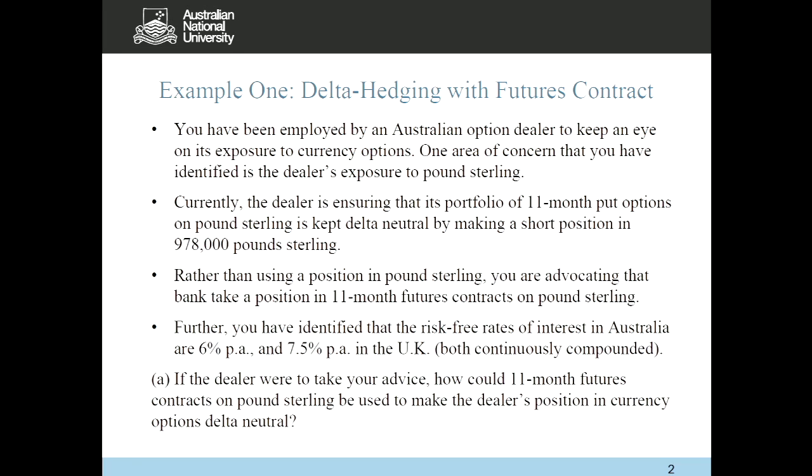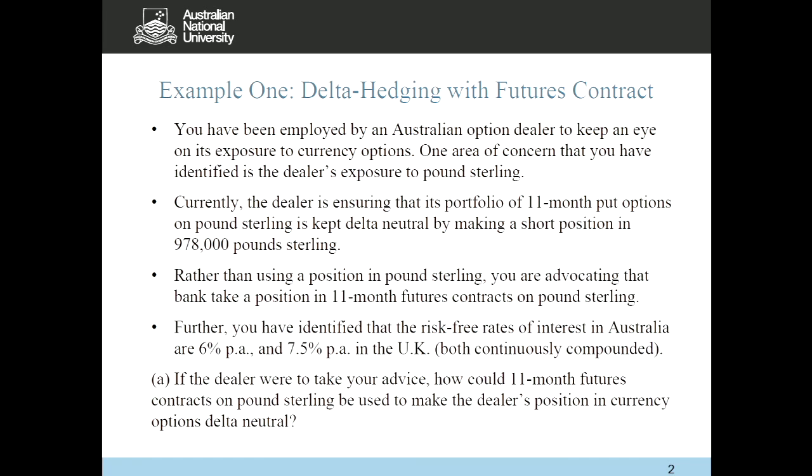The question didn't tell you which position the dealer is taking on the put option. But the only thing we know is that the dealer has to take a short position in the underlying foreign currencies to keep the portfolio delta neutral, right? As I mentioned in Monday's lecture, delta neutral means the overall delta in the dealer's portfolio has to be 0.